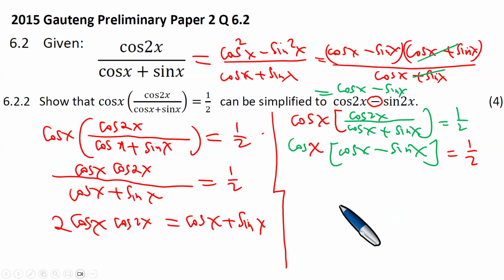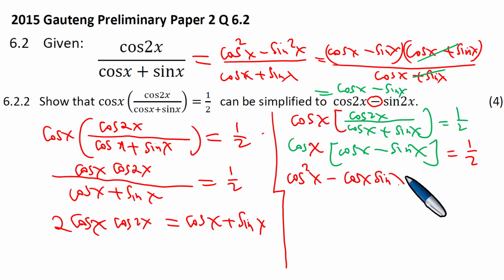We perform distribution. What distribution are we able to perform? Multiply cosine by cosine, and we get cosine squared x minus cosine x sine x equals 1/2.